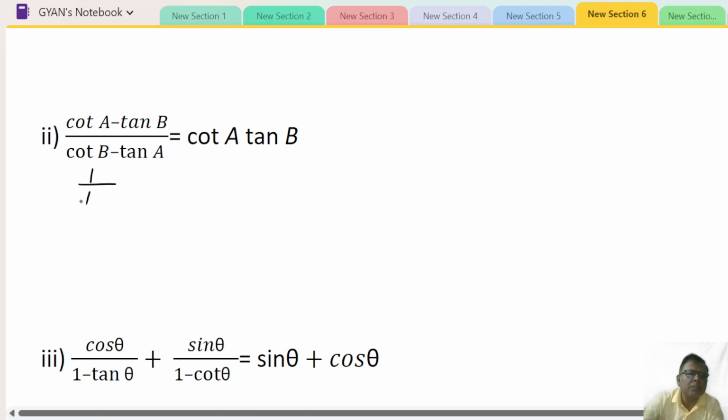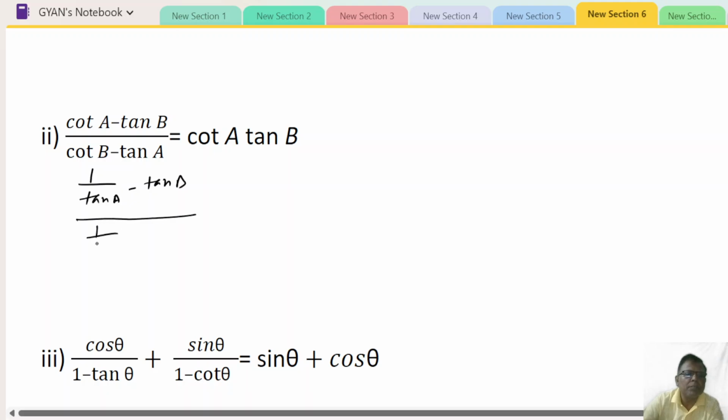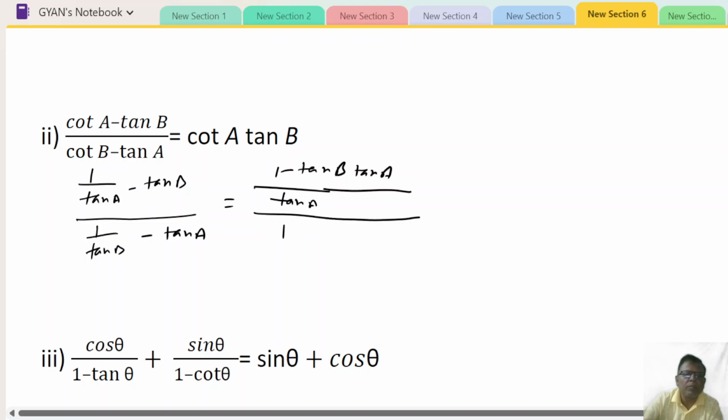So we can write this as tan A minus tan B, and this also tan B minus tan A. Take the LCM: tan A divided by 1 minus tan A tan B, and 1 minus tan A tan B divided by tan B.